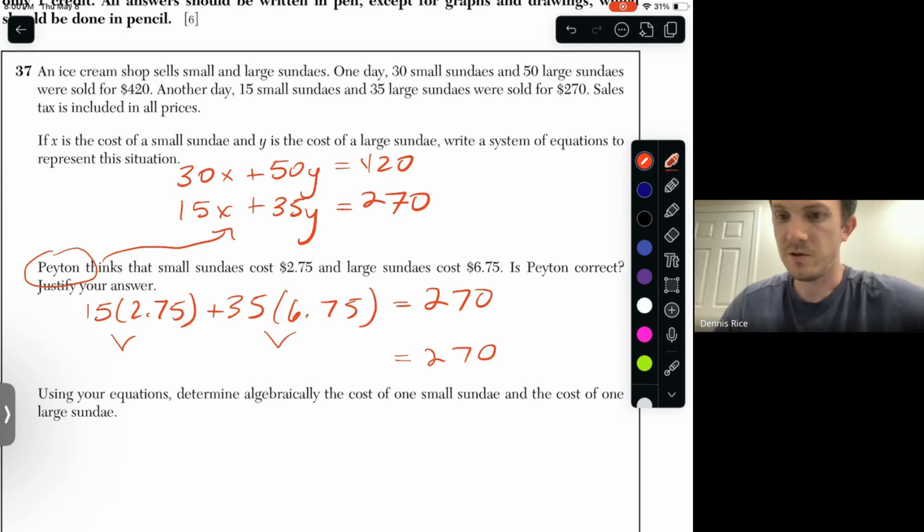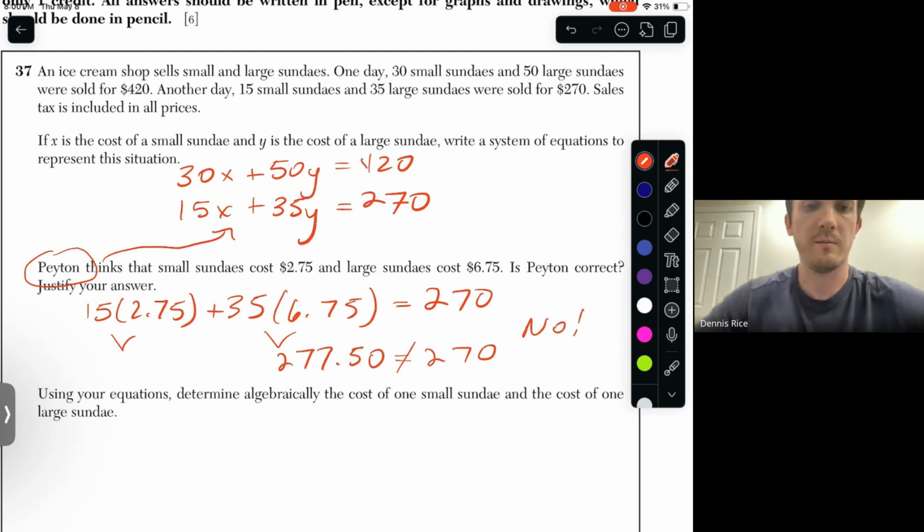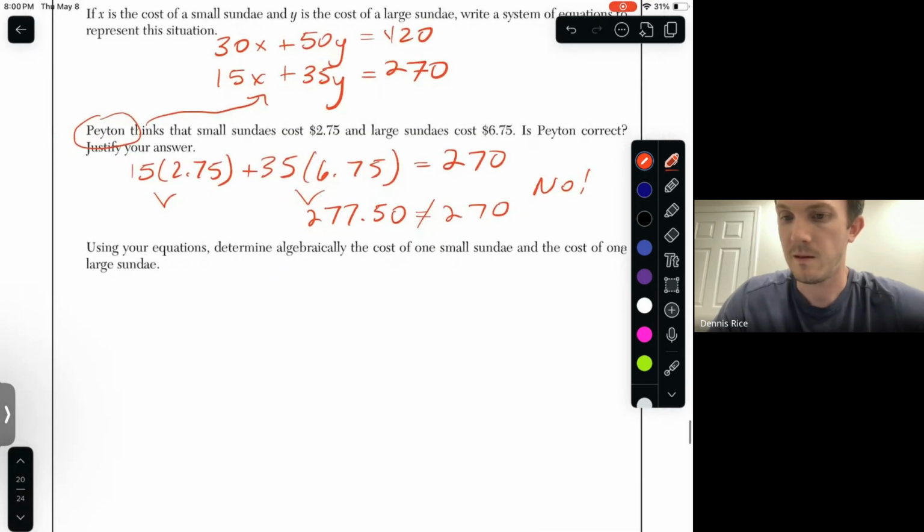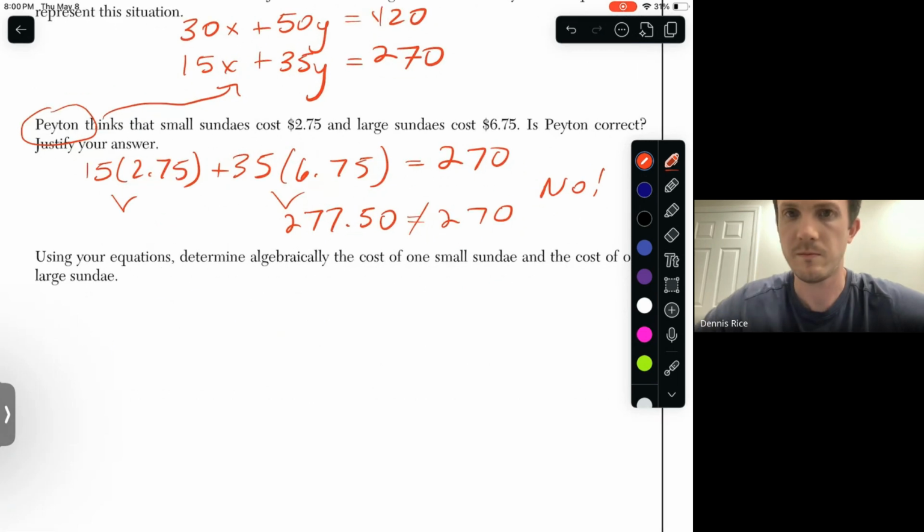It works out to, thank you, Justin, 277.50. So we would say, no, he's wrong. Okay. I'm assuming the top one probably worked if you checked it with that. So you could be a little clever sometimes. Oh, it doesn't? And now solving it.